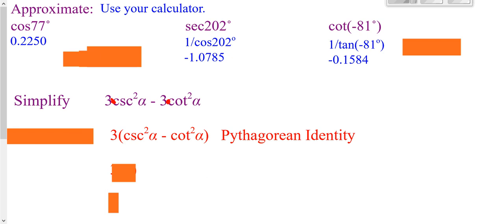Then you got to think about which Pythagorean theorem identity would help us. Well, that's a 1 plus a cotangent squared alpha is equal to a cosecant squared alpha.